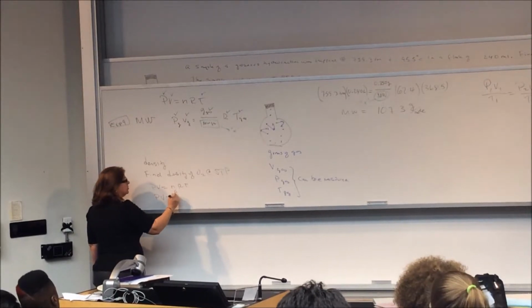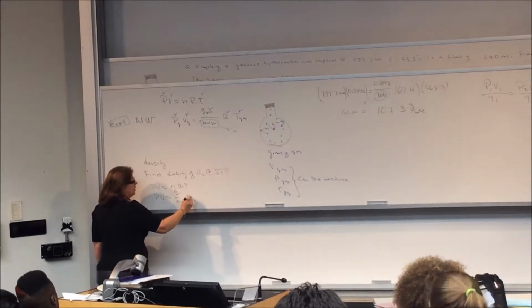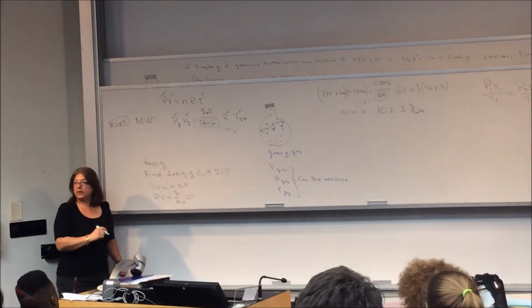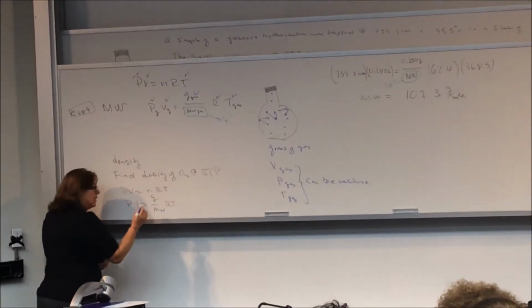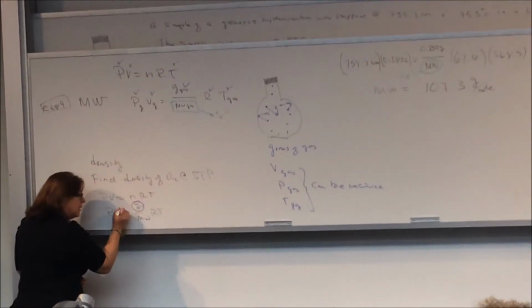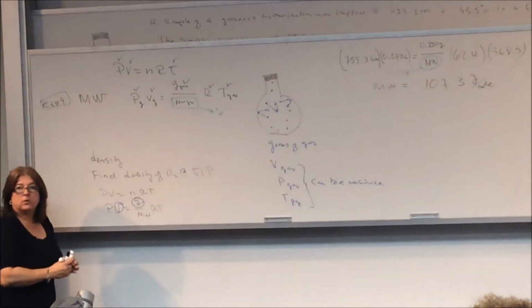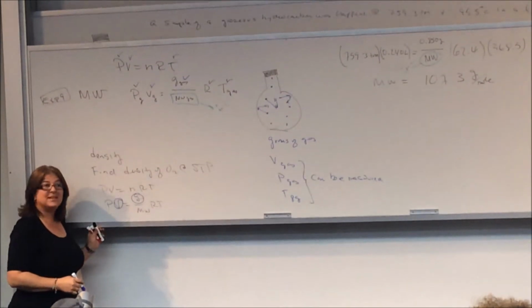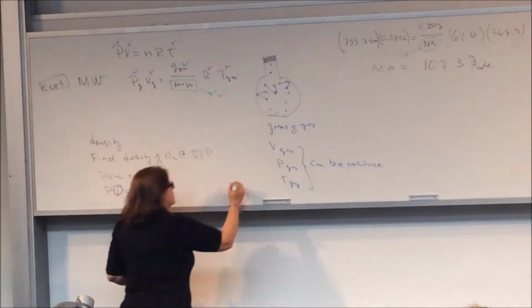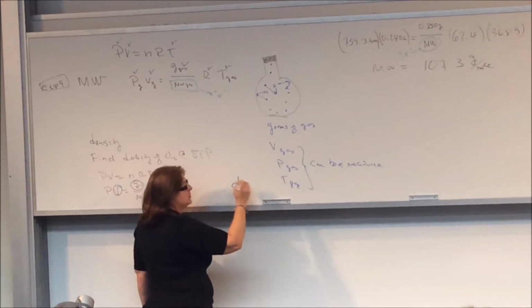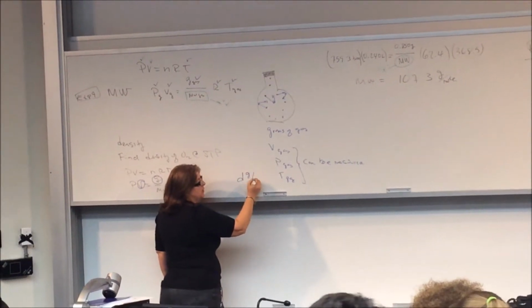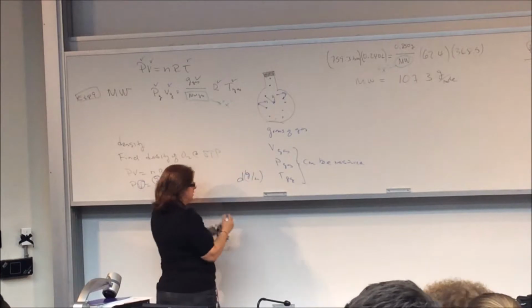So PV equals grams divided by molecular weight, R and T. Isn't that right? So where's that density? There's grams and there's volume. So in order for me to have a density, in what unit specifically is it going to come out? Grams per liter.